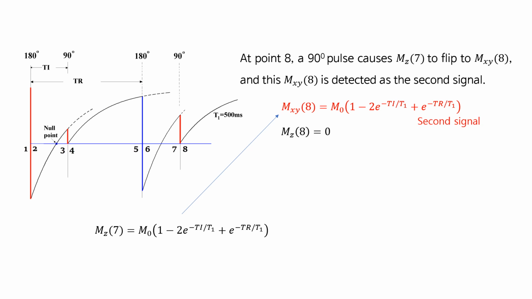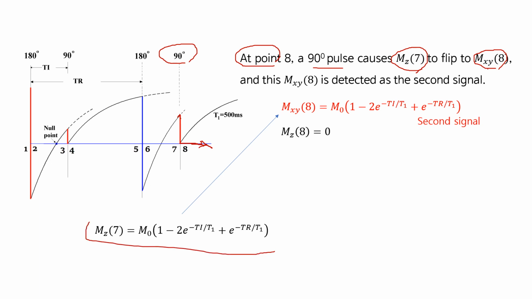Now finally, at point 8, here, the 90-degree pulse is applied, then this longitudinal magnetization will convert to the transverse magnetization and be detected as a signal. So the 90-degree pulse causes Mz7 to flip to Mxy at point 8.